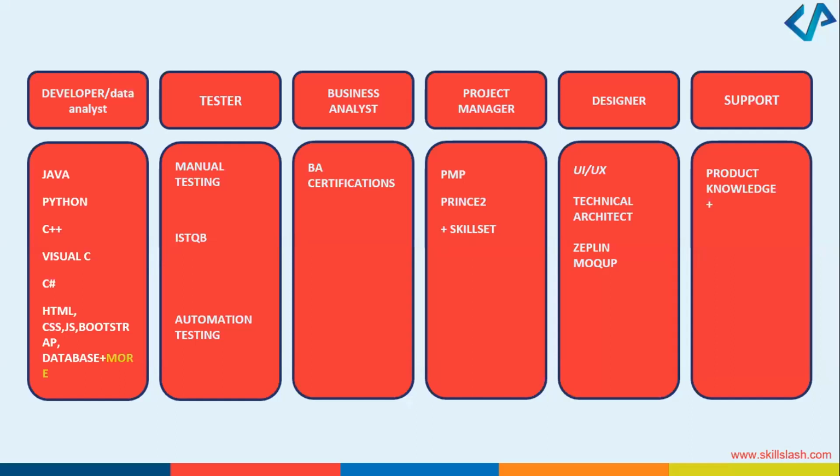And who will give you the interface? The main responsibility of the interface is the role of somebody called a designer. Designer will give you the overall interface. All right, everybody, is that clear? Role of a designer.